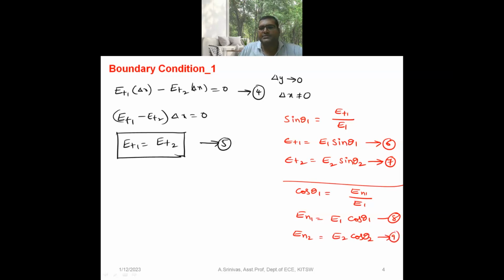Remember these equations 6 to 9 to determine the law of refraction of electric field in the upcoming slides.